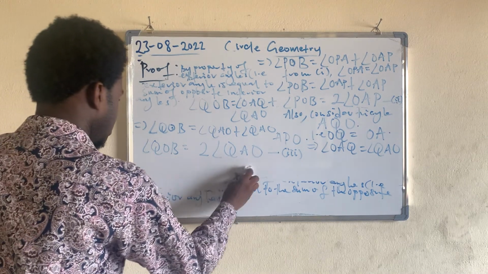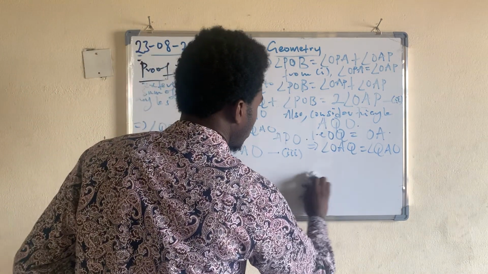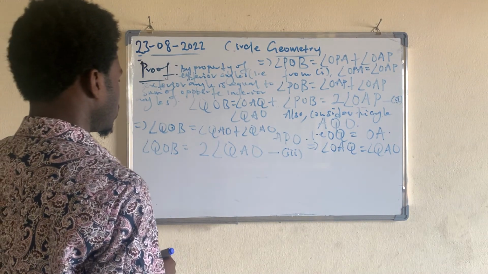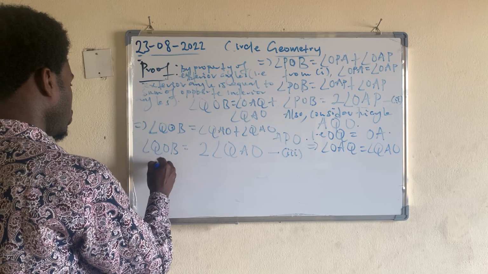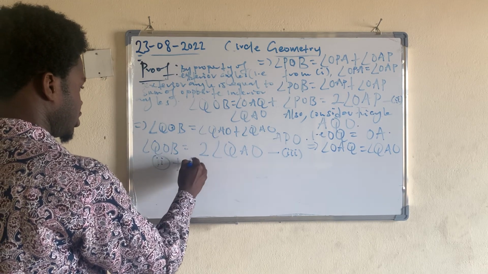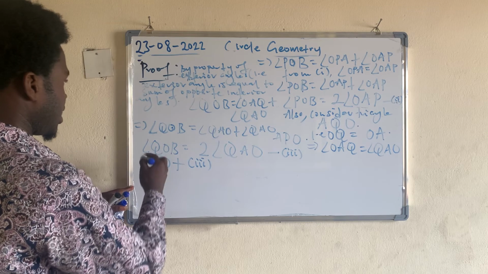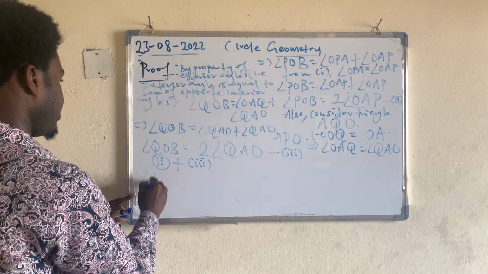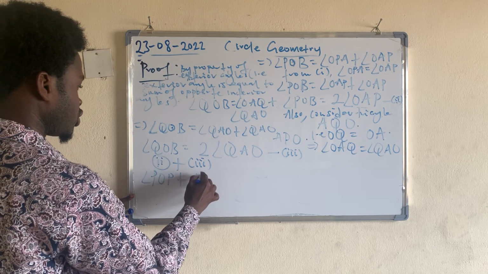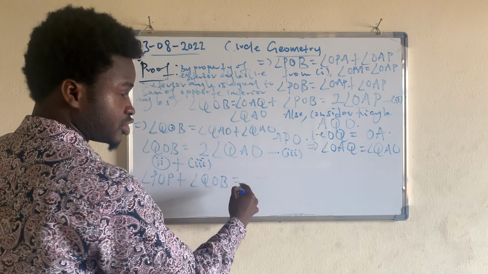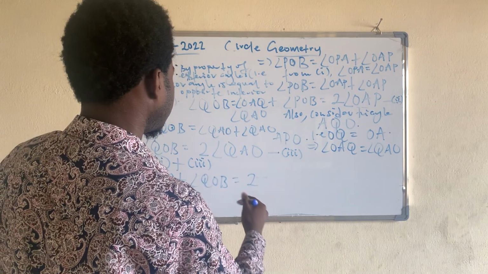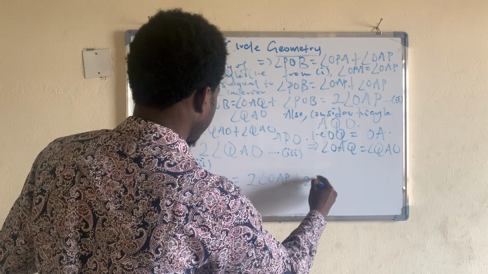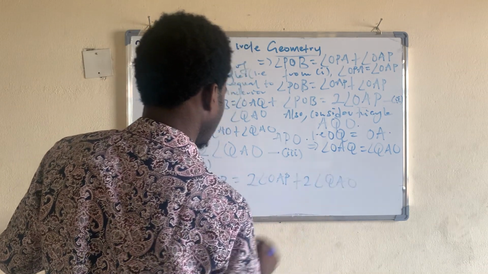So what I will do next is sum equation 2 and 3. Equation 2 plus 3 means that I will say POB plus QOB is equal to twice OAP plus twice QAO.